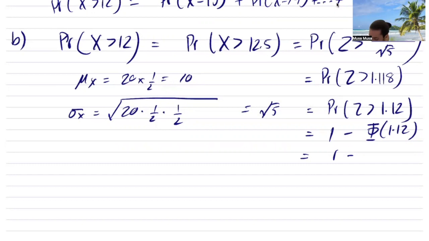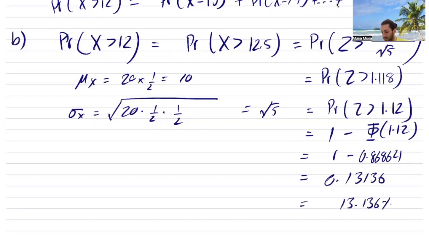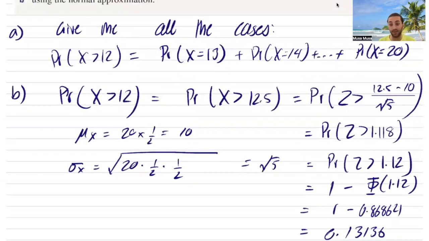It's 0.86864. So 1 minus 0.86864 is 0.13136, or 13.136%. There you go, that's that one.